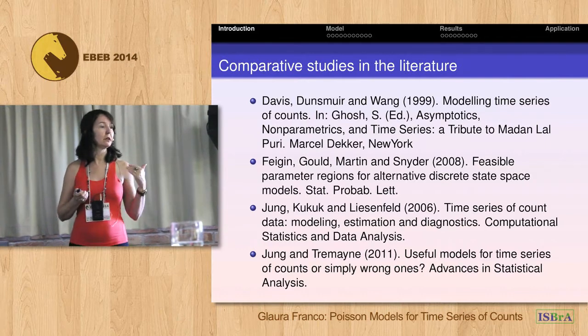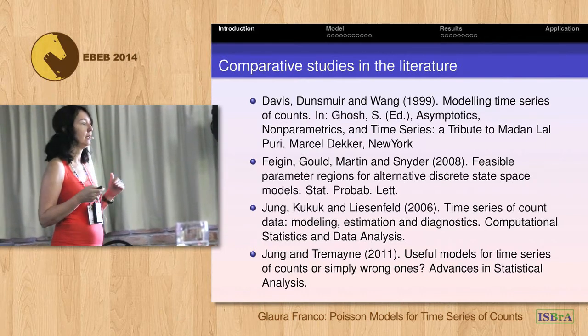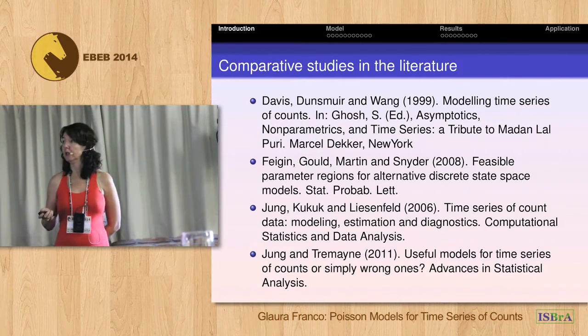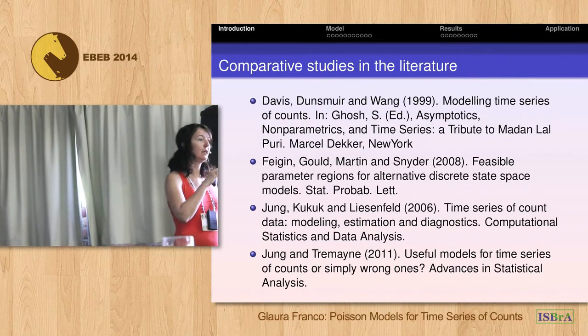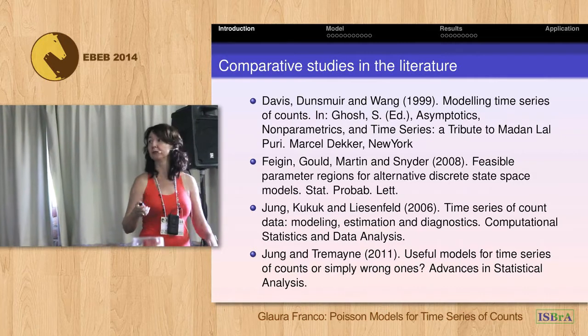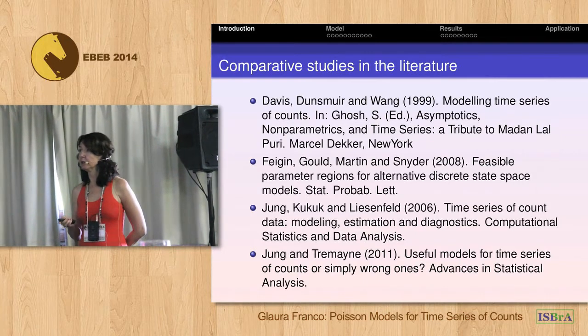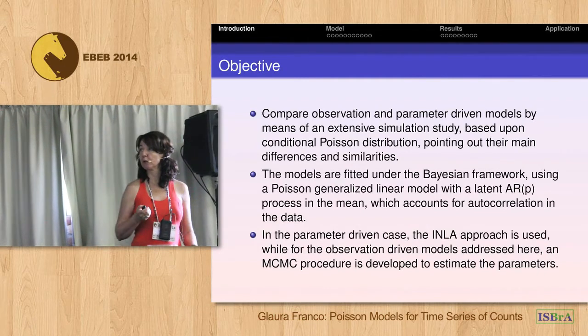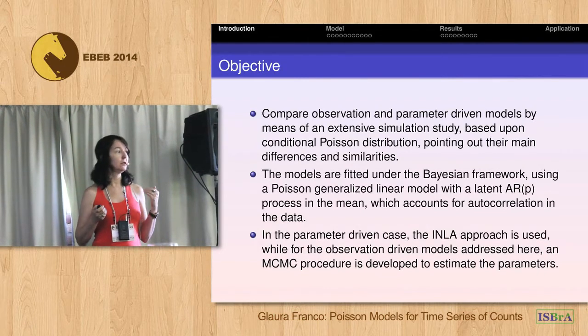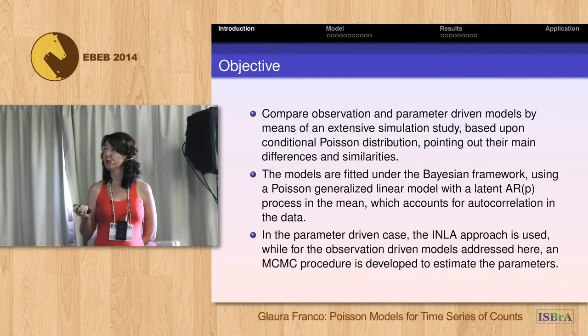He compares the models using many applications, biological applications. He compares these two approaches, not the models, the observation and parameter-driven approach. And so this is the objective of this work, to compare the approaches using some simulations.